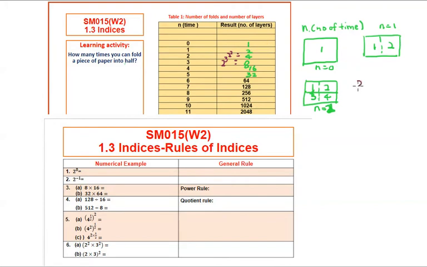So in 2 raised to power 3, this 3 means the number of times. How many times you fold the paper? 2 is the base, doubling. Then the result is, if you fold the paper repeating it 3 times, the result is 8. This 8 means the number of layers, or the result.